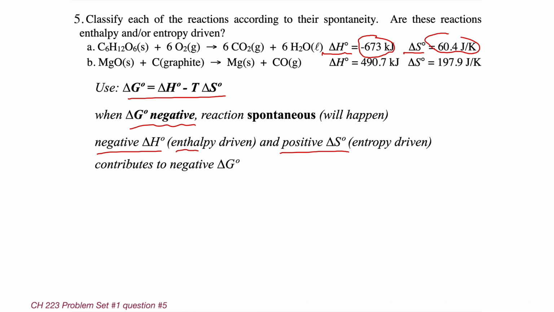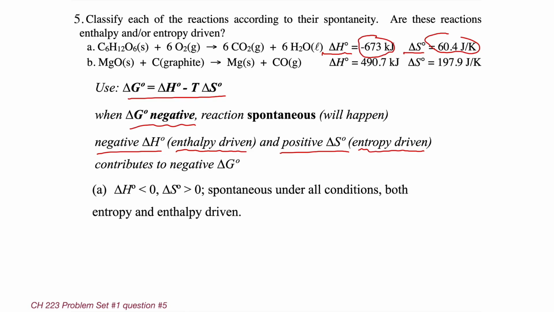It is enthalpy driven because of the negative delta H. It's also entropy driven because of the positive delta S. So that first reaction will be spontaneous all the time. It's both enthalpy driven and entropy driven. And here's just a little thing that says that delta H less than 0, which means negative, and delta S greater than 0, positive, is spontaneous under all conditions, both entropy and enthalpy driven.